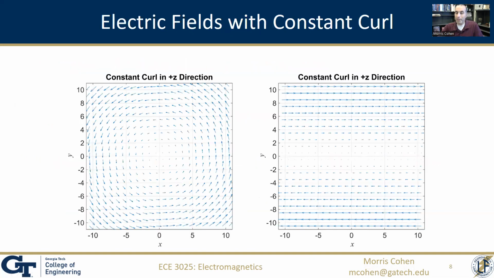I want to emphasize that there's more than one. Here are two examples of electric field lines that have constant curl in the z direction.